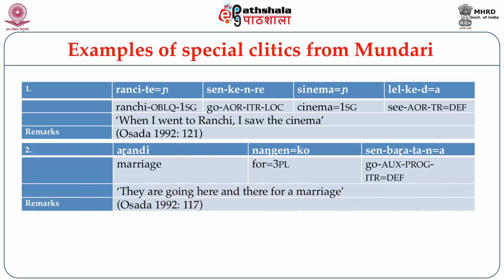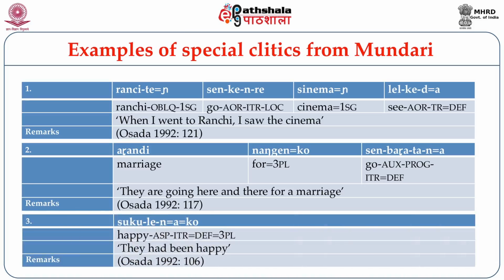In the second example, they are going here and there for a marriage. Adandi nangenko sen baratana. What you find is that the agreement marker this time for they is hosted by a preposition, not a noun. And in the third example on your screen, sukulenako, what you find is that the agreement marker is hosted by the verb itself.